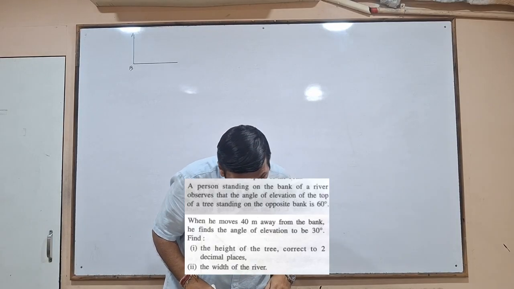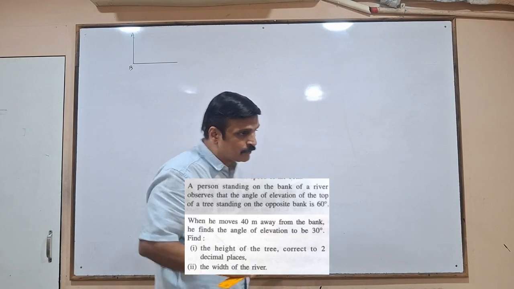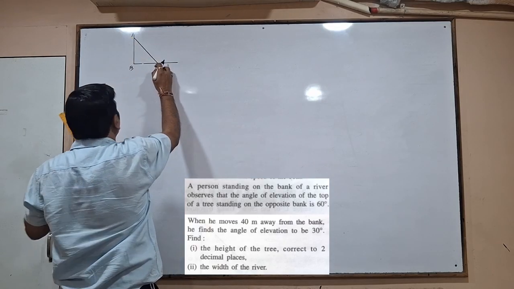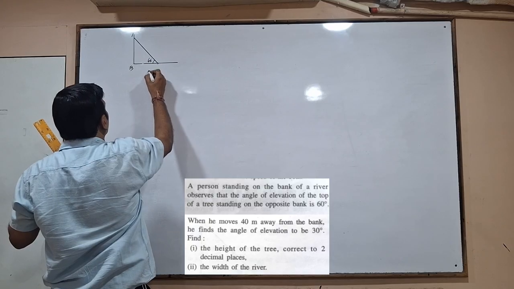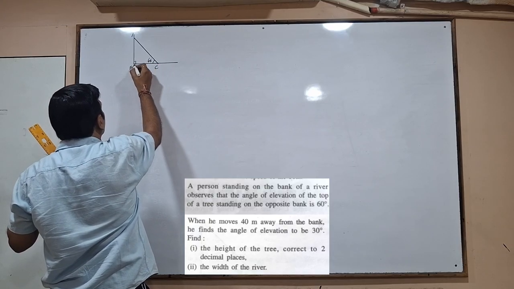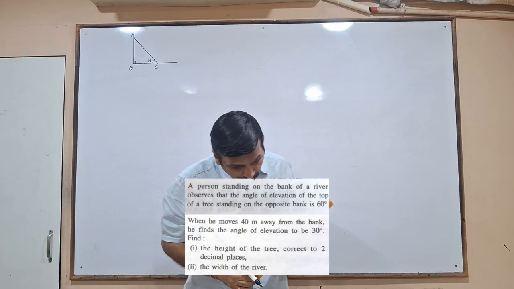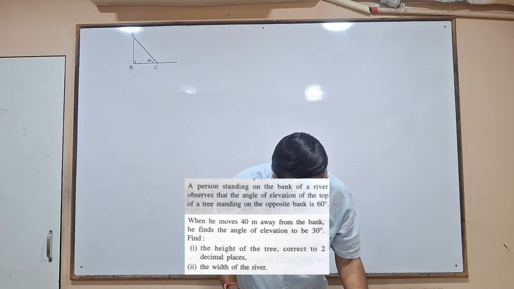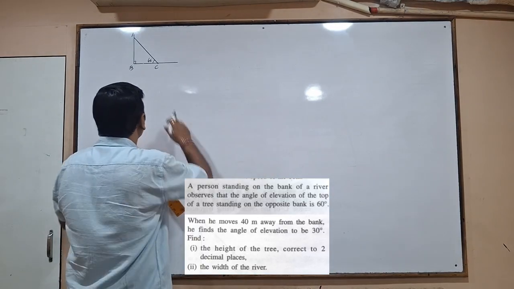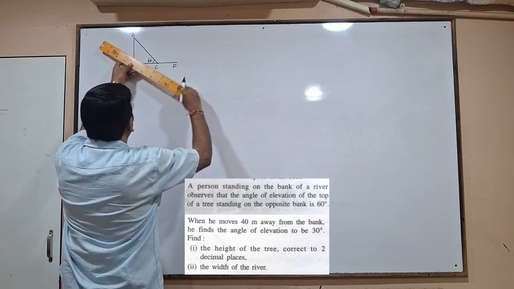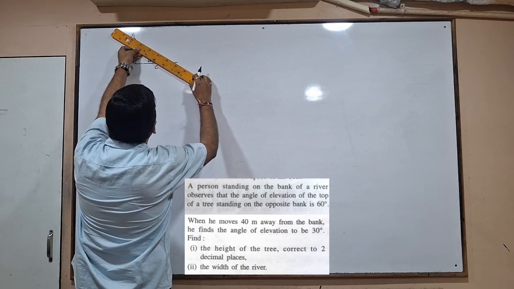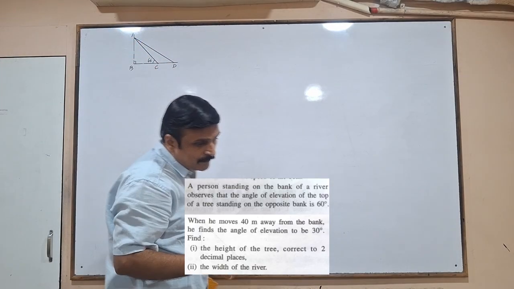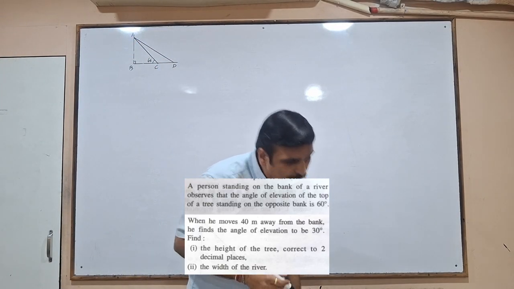Say this angle is 60 degree, angle of elevation. When he moves 40 meter away from the bank, the angle of elevation obviously will change, and the angle of elevation from there is 30 degree.